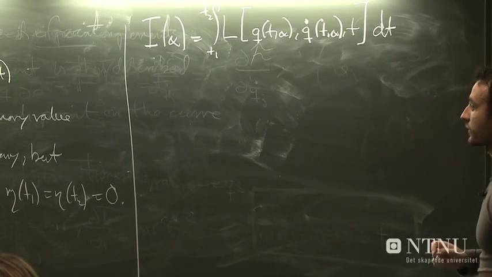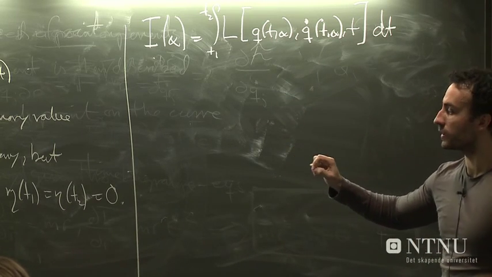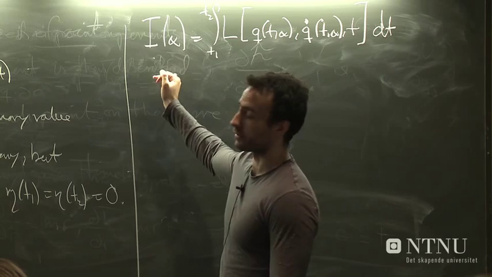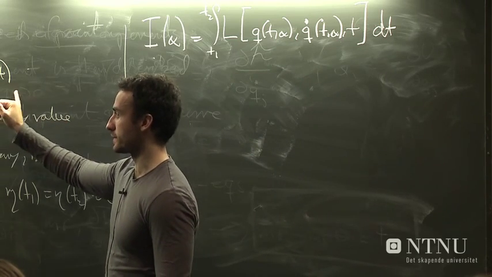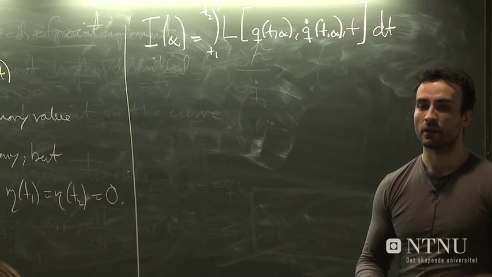And it looks like this. So this would be the action for a path between T1 and T2 for a general alpha. So we have some virtual displacement here compared to the real path of the system.